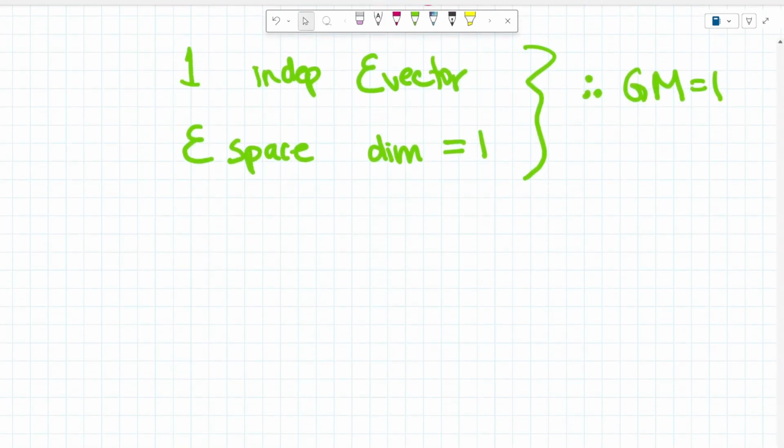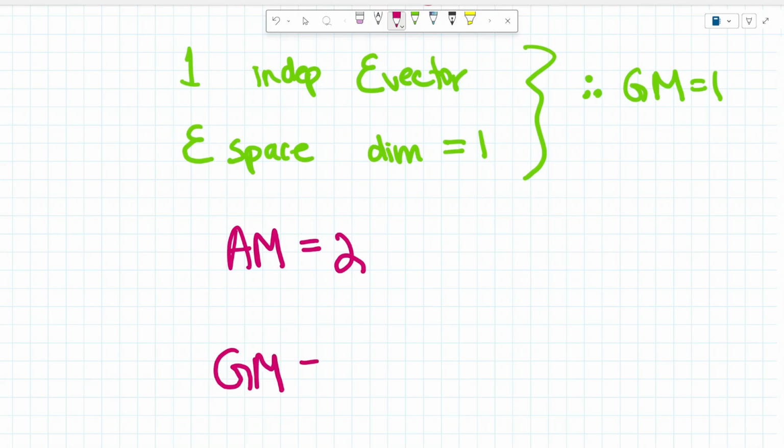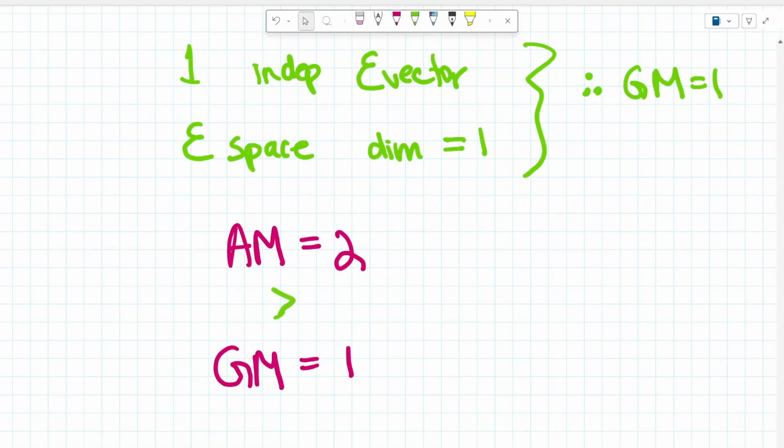So in this example, we see that the algebraic multiplicity equals 2 and the geometric multiplicity equals 1. Therefore, the algebraic multiplicity is strictly greater, or you can say it the other way, the geometric multiplicity is strictly less than the algebraic multiplicity, and that tells us that our eigenvalue is defective.